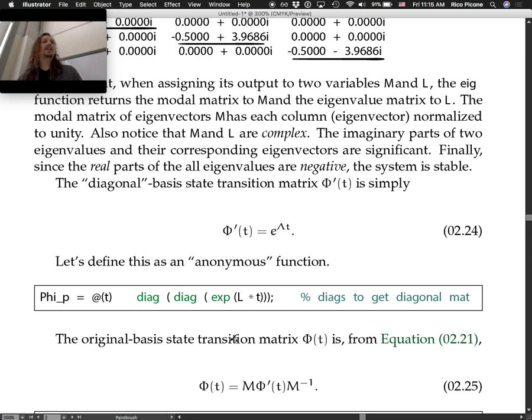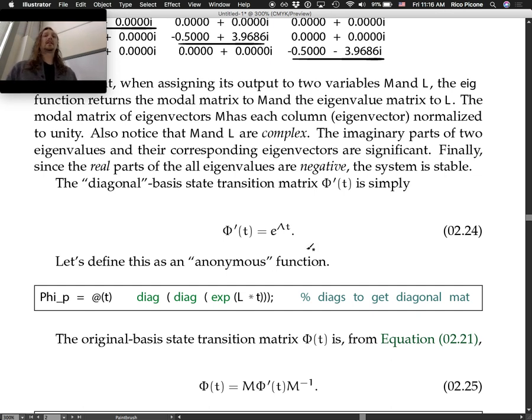These diag functions. So you might look at this and say, why didn't you just do exp of L times t? And the problem with that is what MATLAB does is it does an element-wise exponential of L times t, which is fine for the diagonal ones. It's exactly what we wanted.